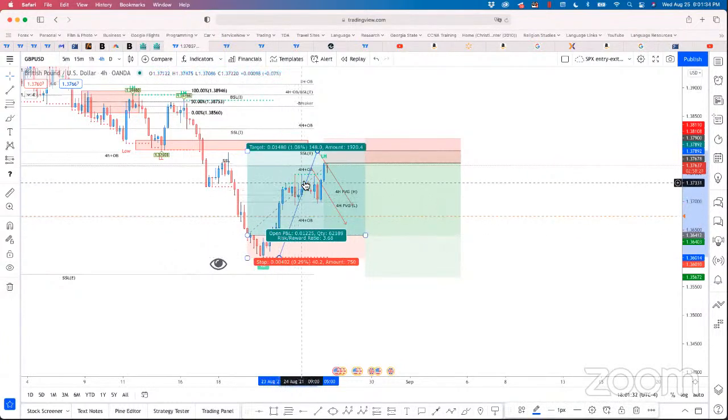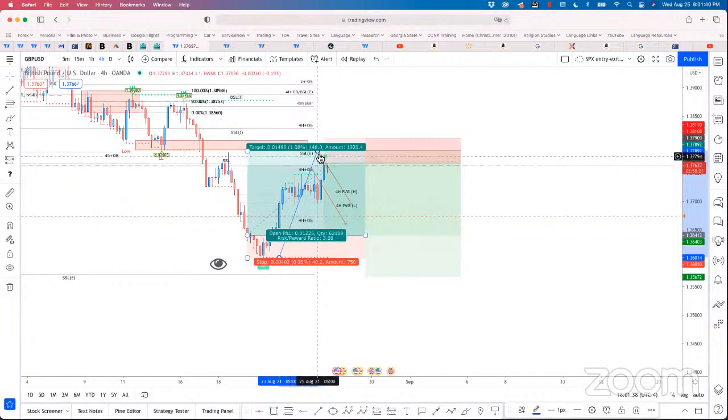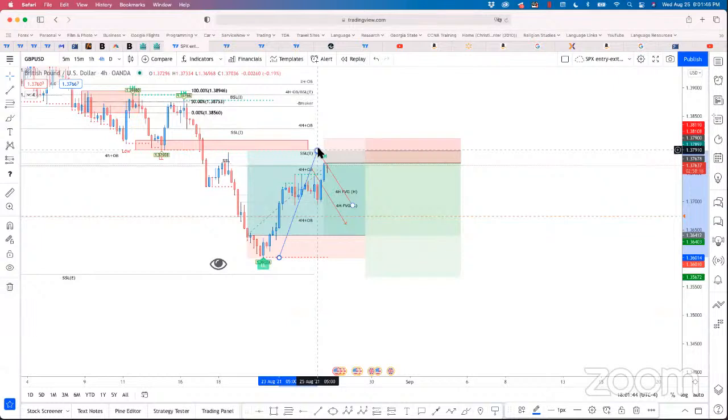Two main areas it could reject from was right here. And if it doesn't reject, this will be the next area it rejects from. If not, that means that I have to take this L and I got to reevaluate my setup. That's all that means. But I'm taking the trade at a really high probability area so that it could turn.